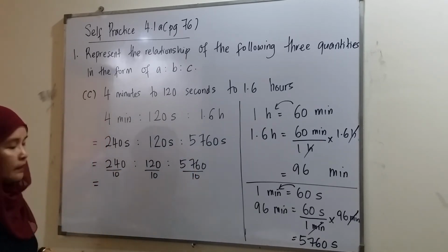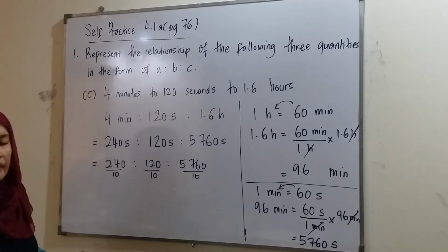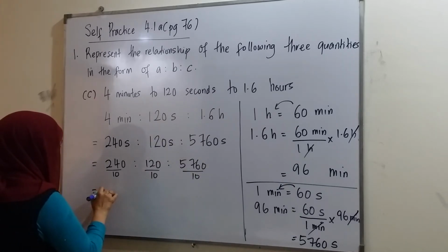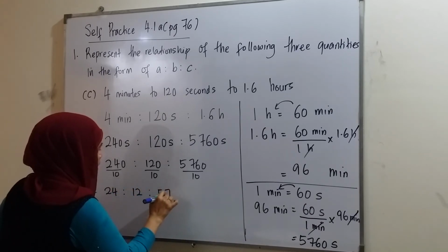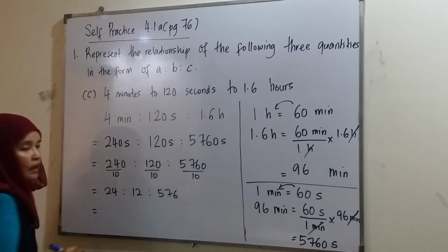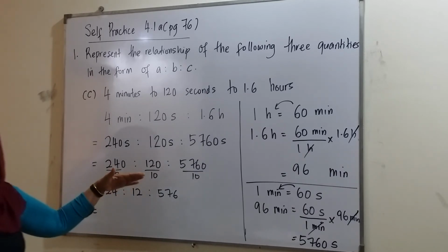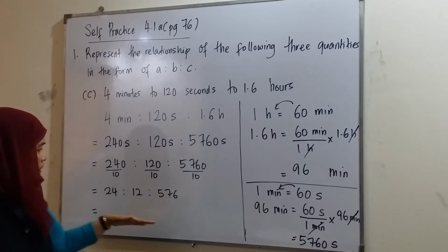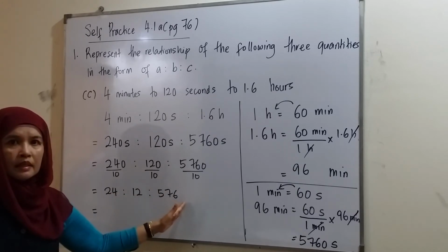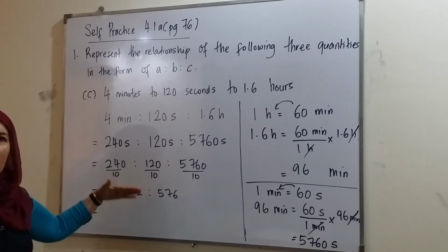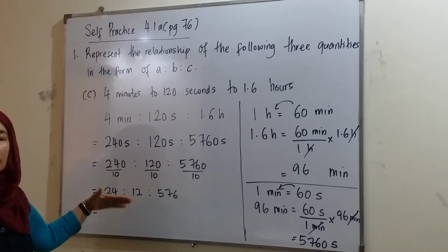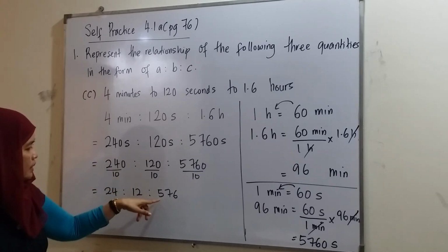So we get 24, 12, 576. So we can do multiple division here. As here are even numbers, so we can also divide by 2, trial and error.